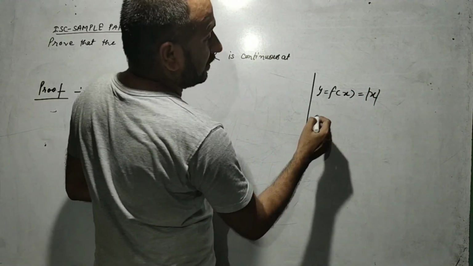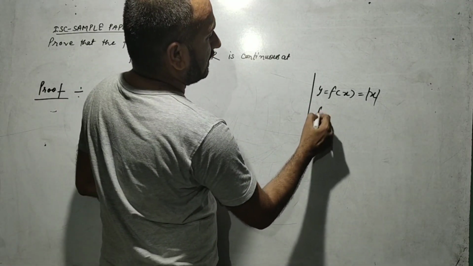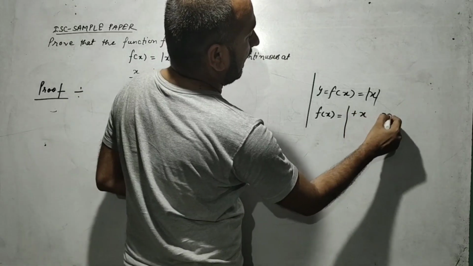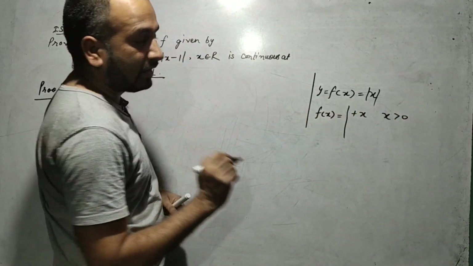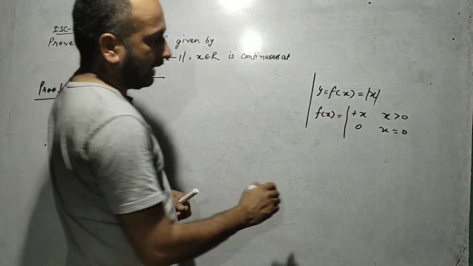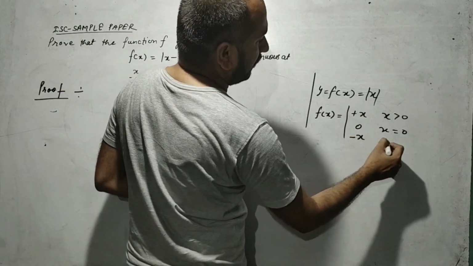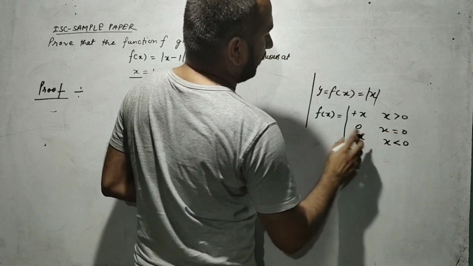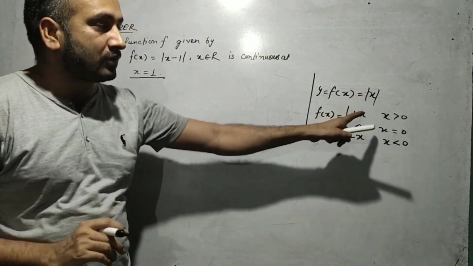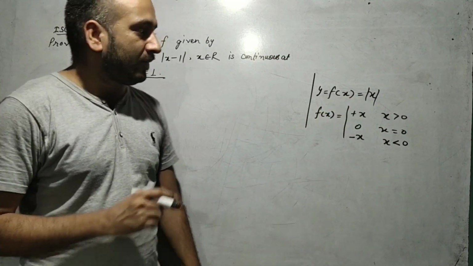According to the definition of the modulus function, f(x) is positive x only when x is greater than 0. It is 0 when x = 0, and it is minus x when x is less than 0. In this way you define the modulus of x.